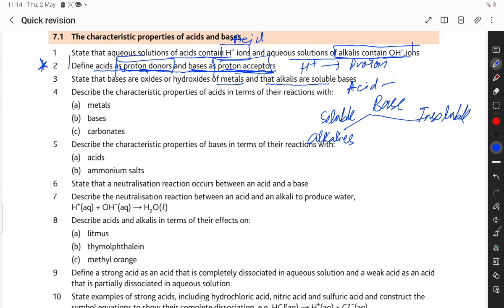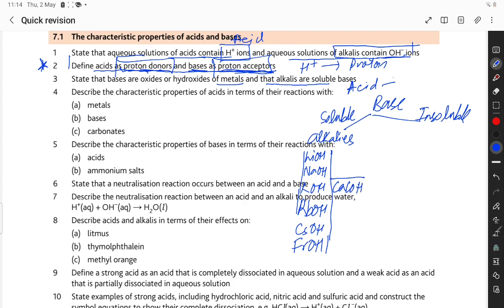Alkalis in group 1: lithium hydroxide, sodium hydroxide, potassium hydroxide, rubidium hydroxide, caesium hydroxide, francium hydroxide. These are the soluble bases in group 1.